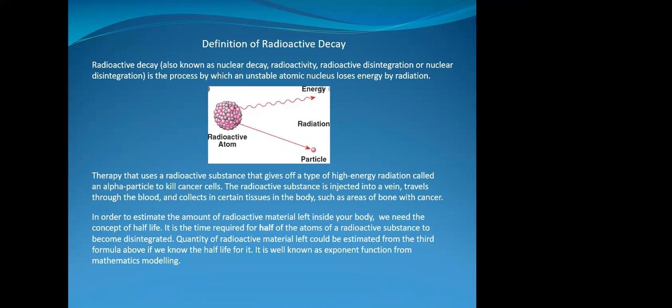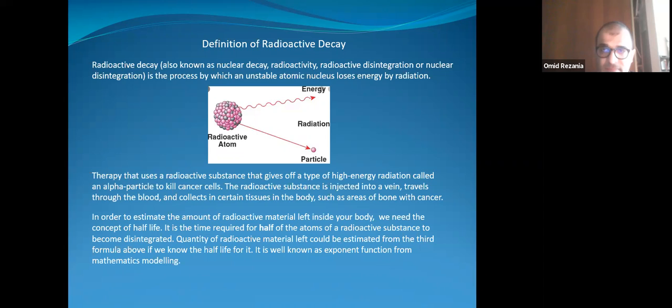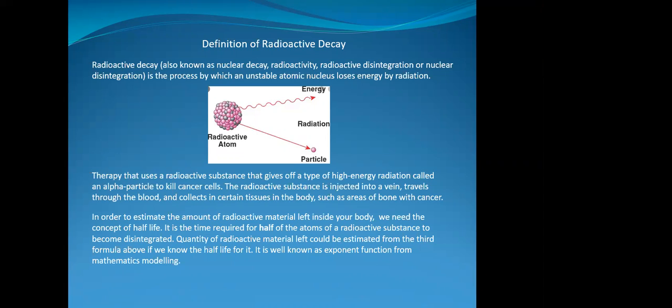Now I will talk about the definition of radioactive decay. Radioactive decay, also known as nuclear decay, radioactivity, radioactive disintegration or nuclear disintegration, is the process by which an unstable atomic nucleus loses energy by radiation.